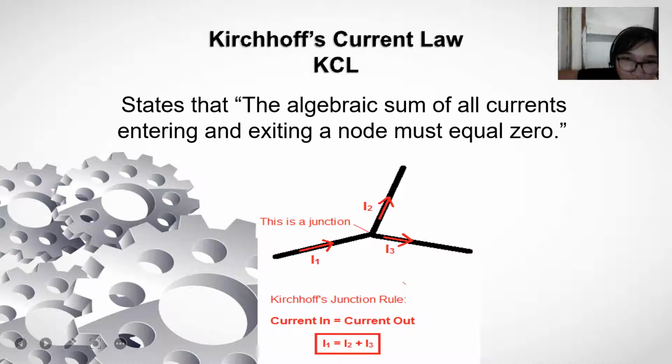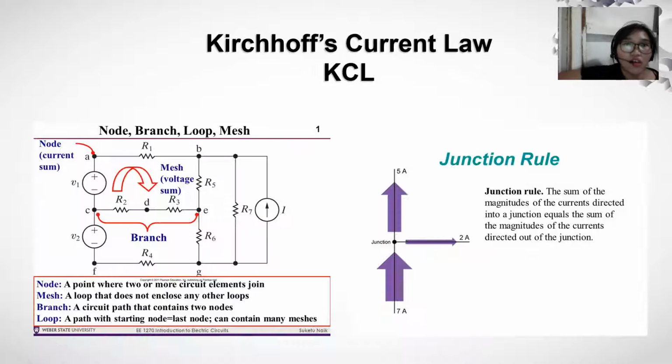Here current 1 just started entering the circuit, going in other directions and continuing straight too. The current in is equal to the current out, and the formula is I1 equals I2 plus I3.